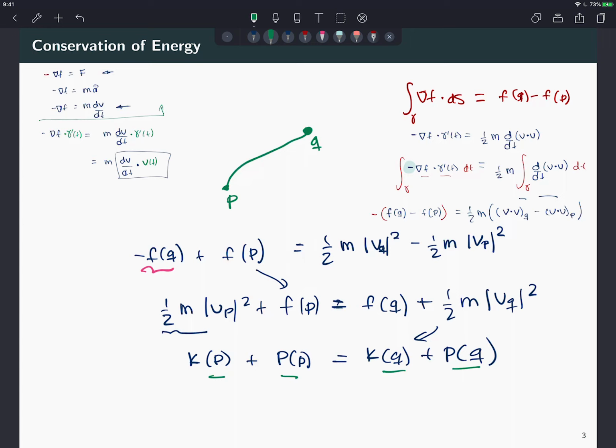So what we're saying is that the kinetic energy might have moved to be potential or backwards, but the total energy stayed unchanged. And that's where the term conservative vector field comes from. It's a physics term. We use it in math, and this is the property that the name comes from in physics.